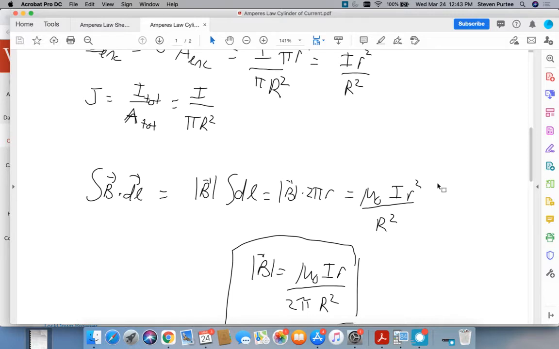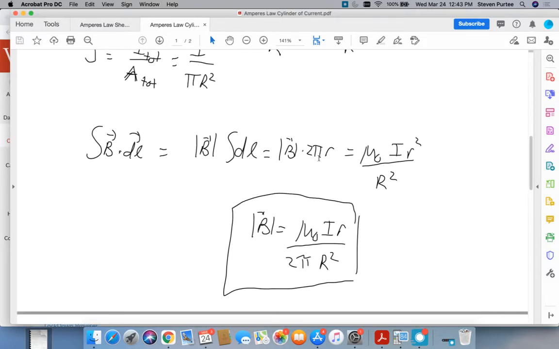One of the little r's cancel. Divide by the 2 pi, we get this. That should remind you a lot of the Gauss's law problem we did with charge, but then we had a Gaussian surface and we had a volume enclosed. Now we have an Amperian loop and we only have an area enclosed. We're one dimension smaller in both of those.